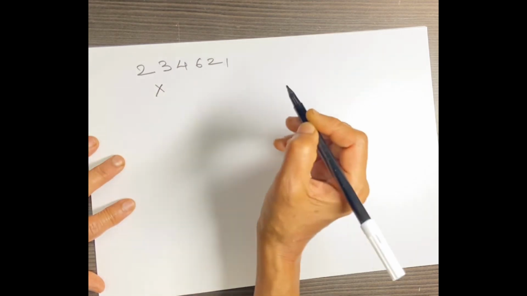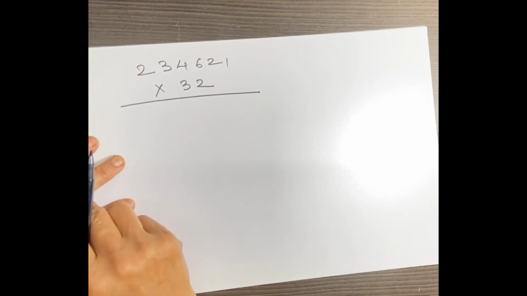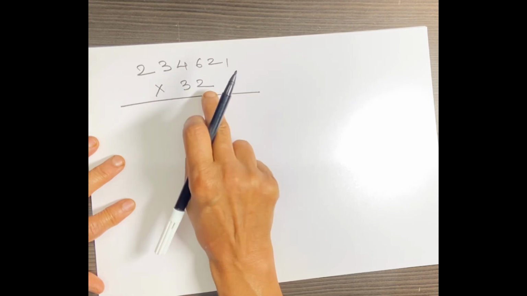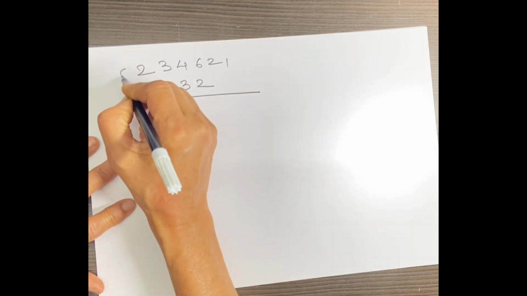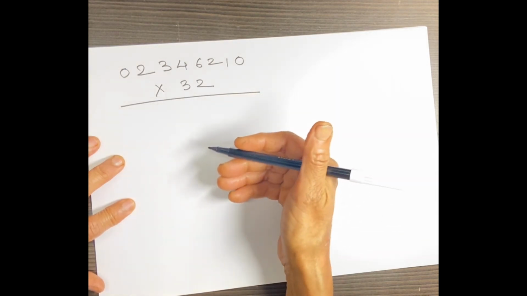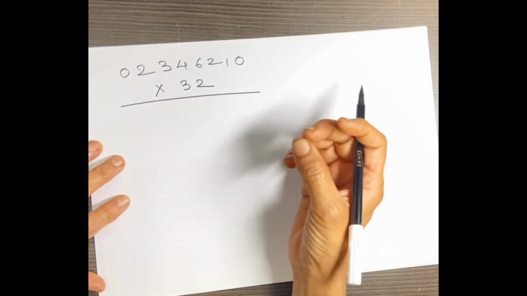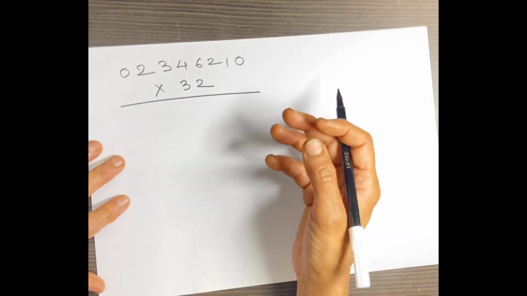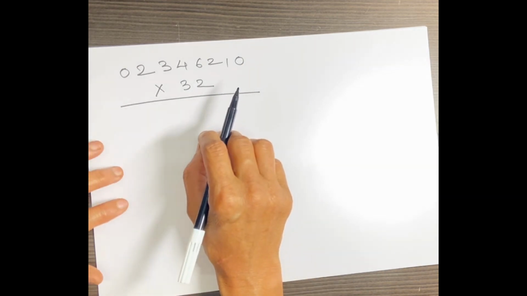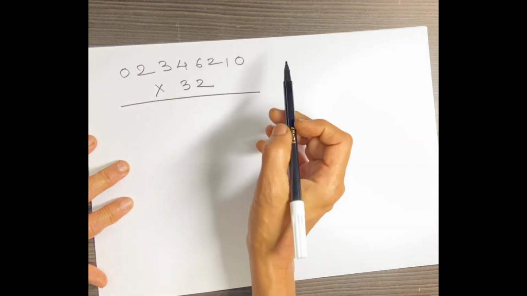2,34,621 into 32. Here also I will not need the table of 32, but I will use only the tables of 3 and 2. In conventional mathematics, you solve it by making steps and then you add them, and there are many chances to go wrong there, but here there are very few chances of getting your answers wrong because the methods are so simple.